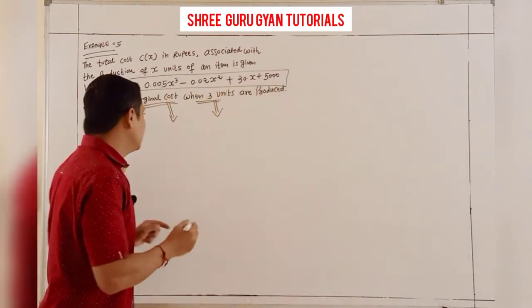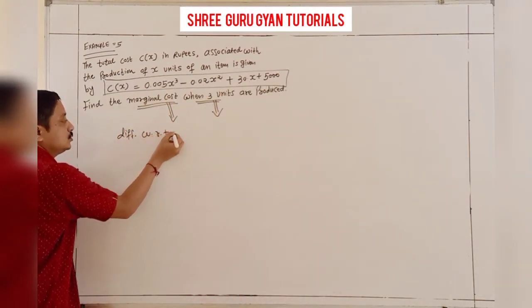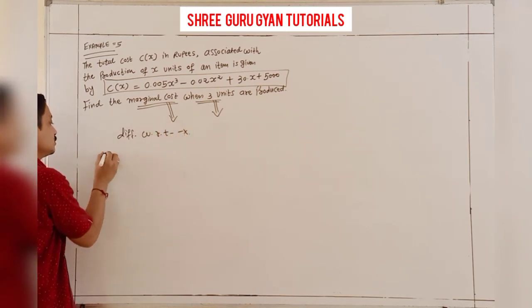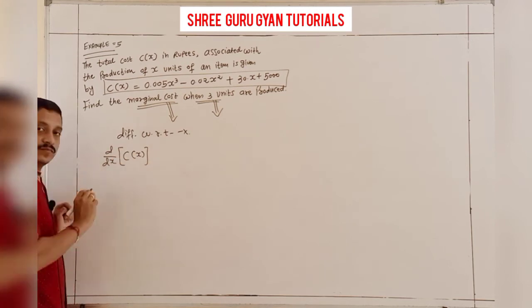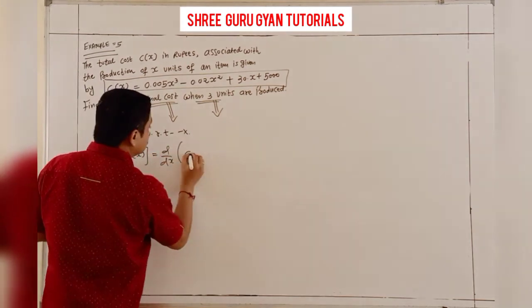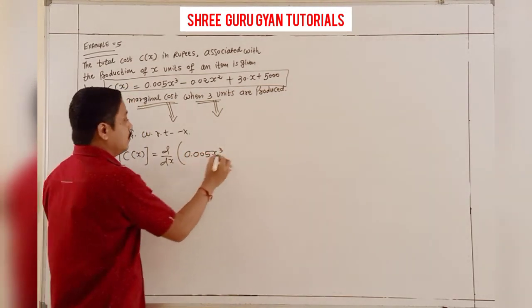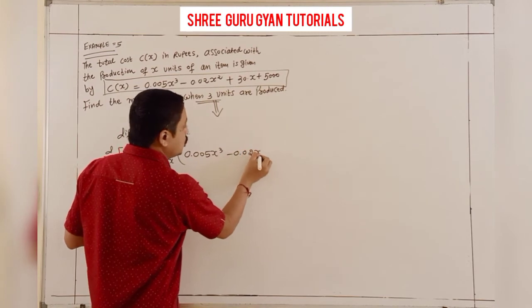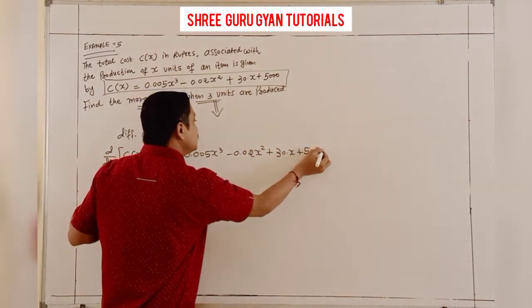So I start differentiation with respect to x. So students, here d by dx of C(x), same here, d by dx of your whole expression 0.005 x cube minus 0.02 x square plus 30x plus 5000.